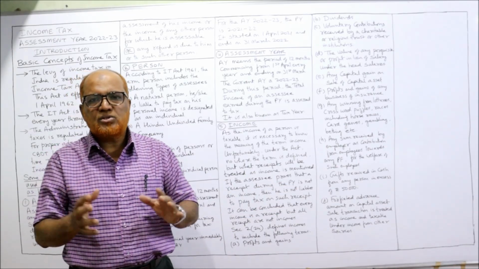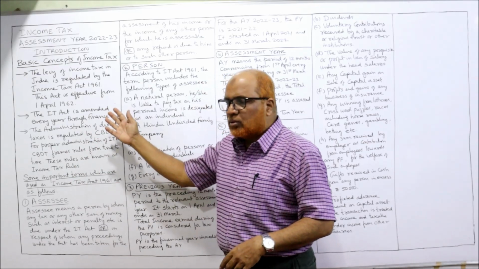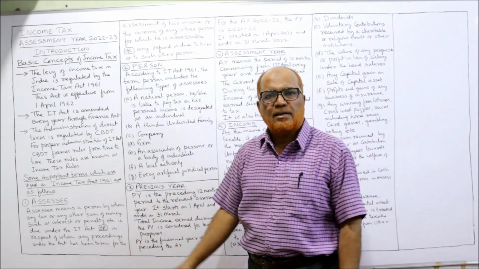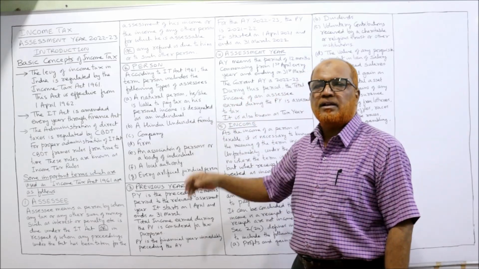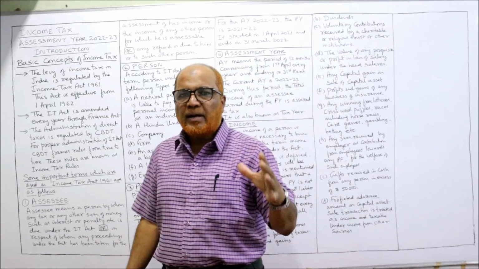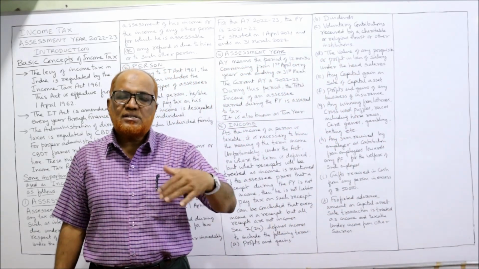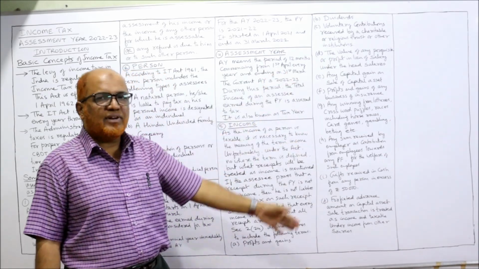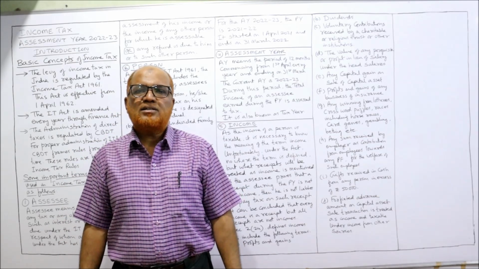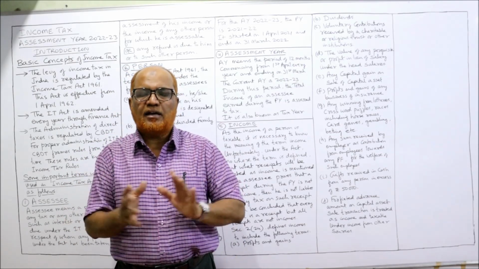That's all. So in this video, I have explained you the basic concepts: assessee, then person, previous year, assessment year, and income. But income, still some more explanation is required. By analyzing this definition, we cannot say that anything earned is income.